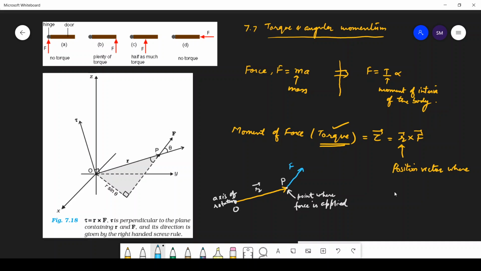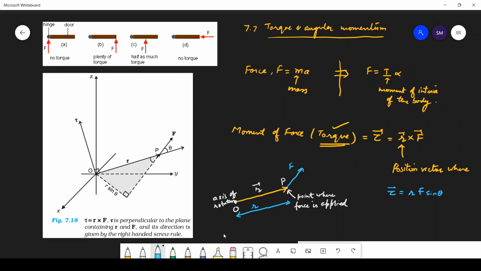So you know the formula: torque is equal to R, the magnitude of position vector R, then the magnitude of the force F, and then sine of theta, the angle between R and F. So this is RF sine theta.